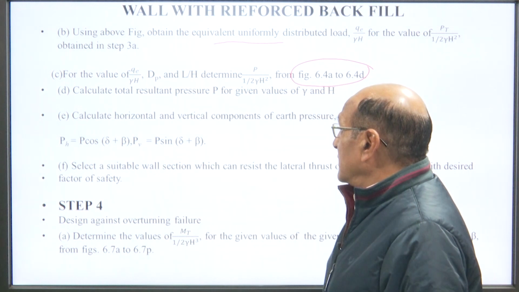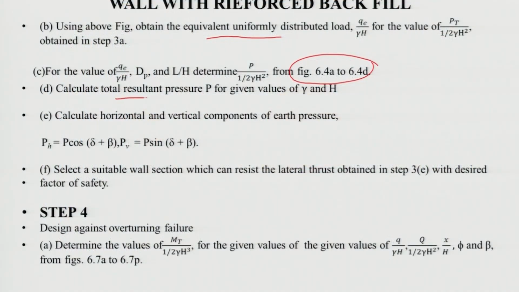The next is to calculate the total resultant pressure P for a given value of gamma and H. Then calculate the horizontal and vertical components of earth pressure, where PH is P cos delta plus beta, and vertical PV is equal to P sin delta plus beta.